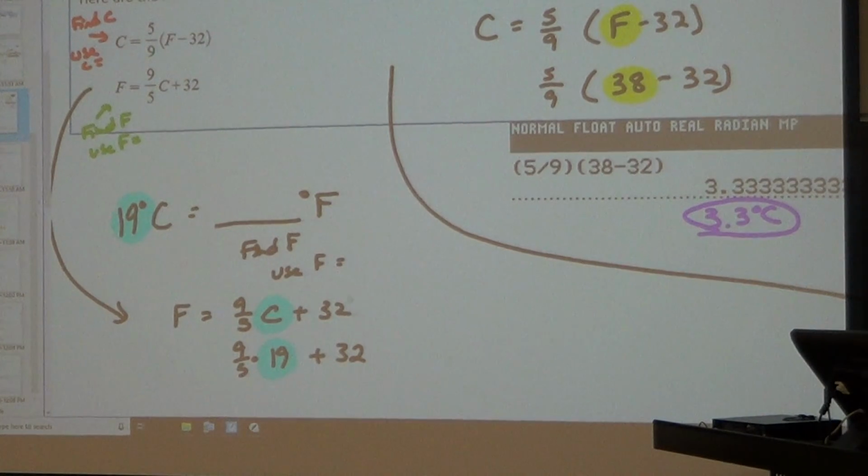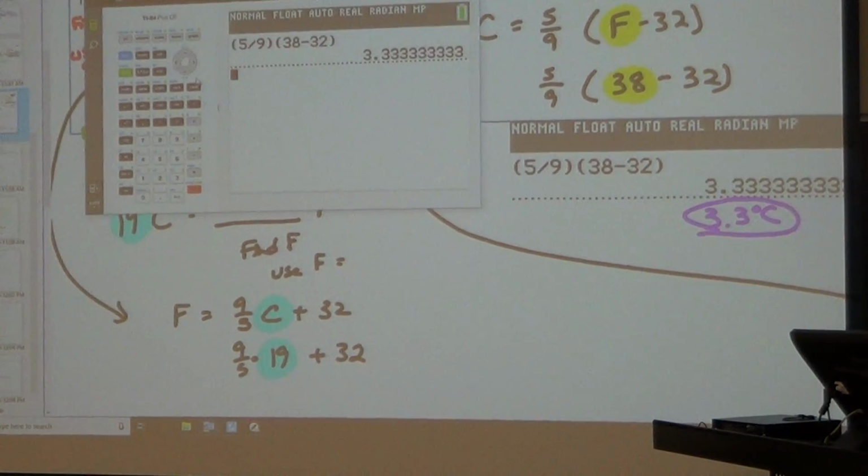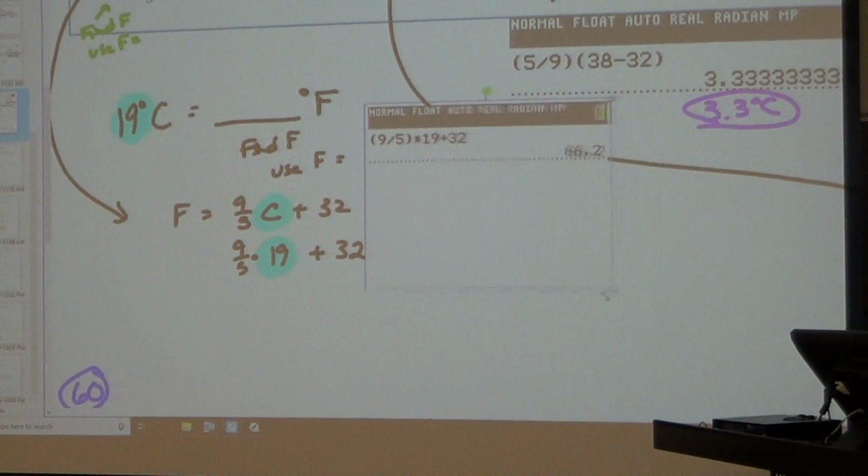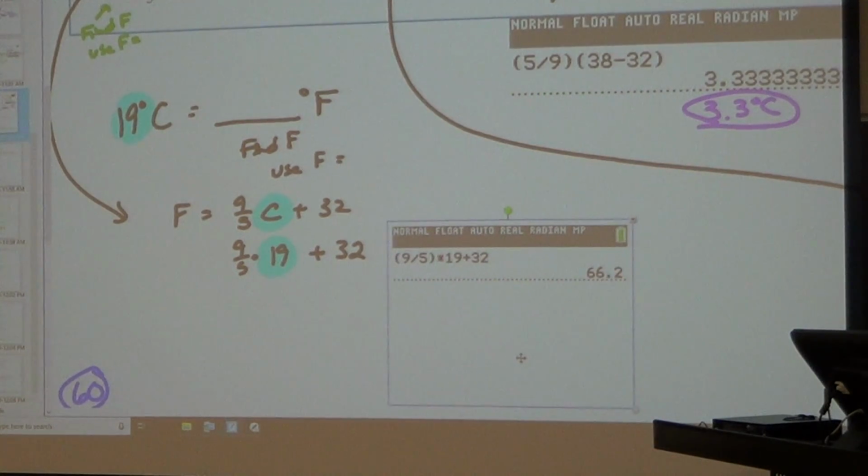What do I need to do to that 9/5? Wrap it up. So it's going to be parentheses 9/5 times 19 plus 32. So when I walked into the hotel room in the Dominican Republic and it said 19 degrees Celsius, that is really 66 degrees Fahrenheit. So it was feeling good.